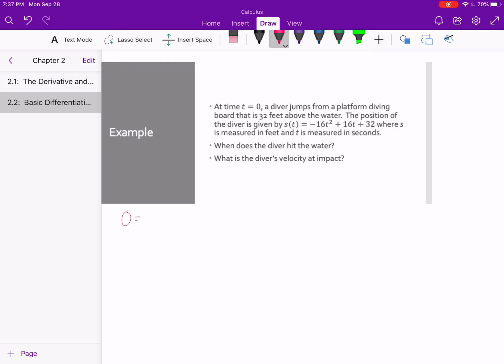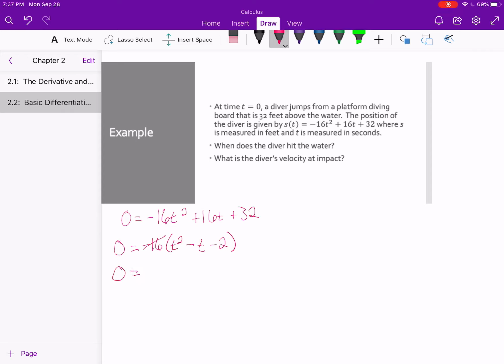So 0 equals negative 16t squared plus 16t plus 32. I'm going to solve by factoring, so I know I can factor out a negative 16 first. So we get t squared minus t minus 2. If we divide both sides by negative 16, that one just goes away, so we don't have to worry about it.